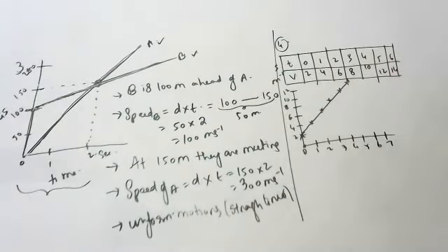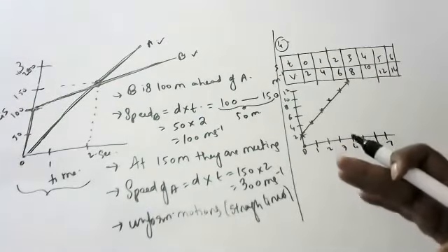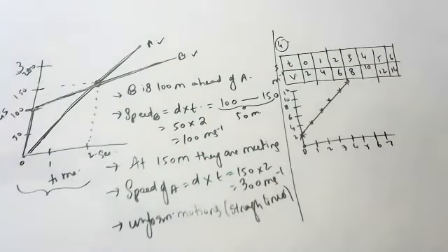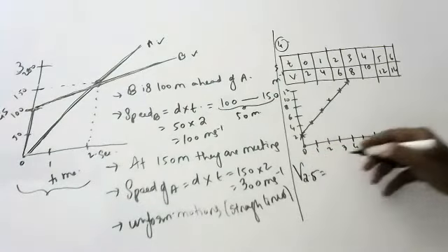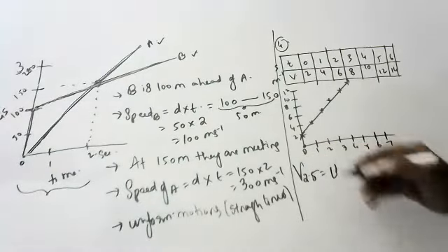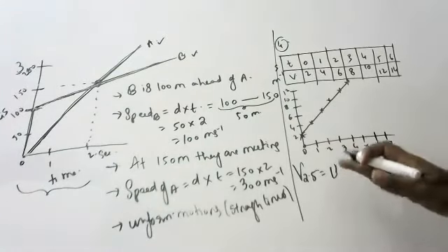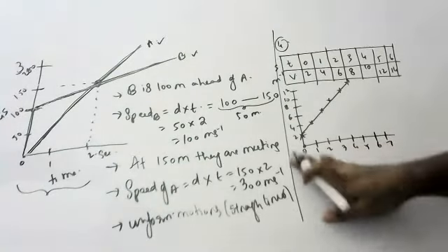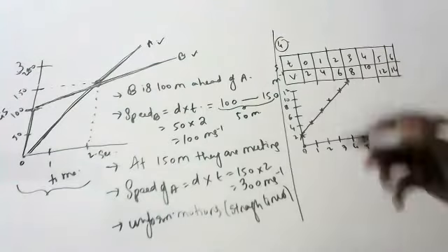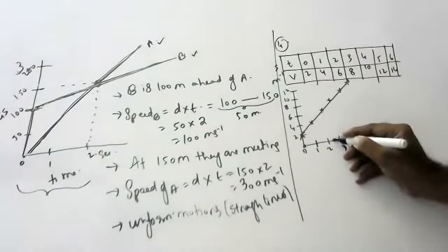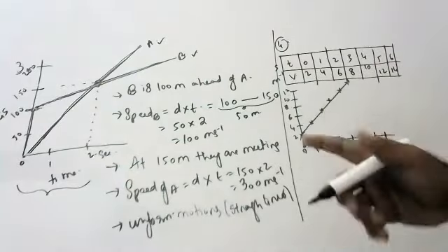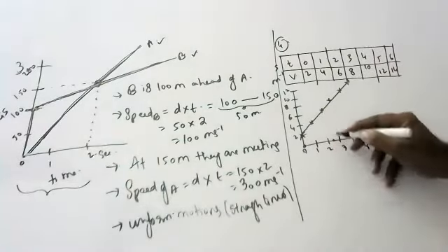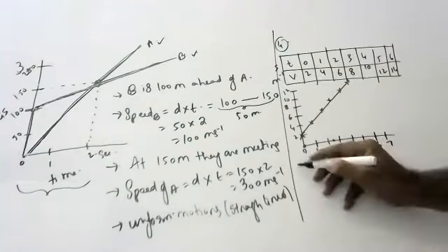Second question, children. Find the velocity of the object at the end of 2.5 seconds. From the graph we can find it if you want; 2.5 means here it will come. But if it becomes difficult without graph paper, first let's find acceleration.